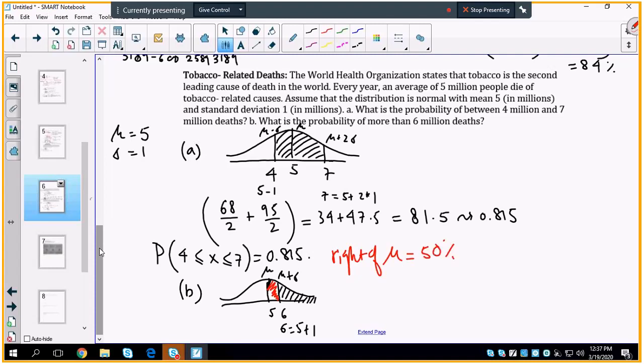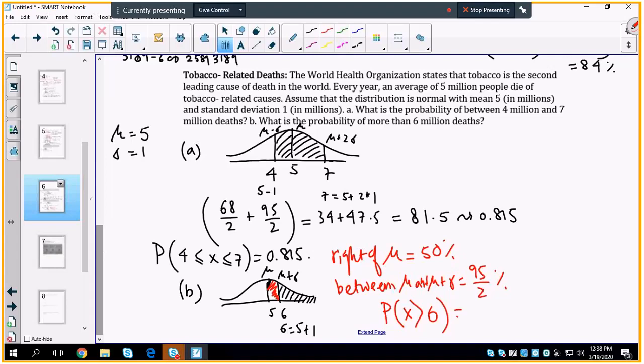but between mu and mu plus sigma is half of 95%. What I want is all of the right of the mean minus between mu and mu plus sigma. So I will say I wanted to know the probability that x is greater than 6. Remember, it is greater than 6 million deaths.